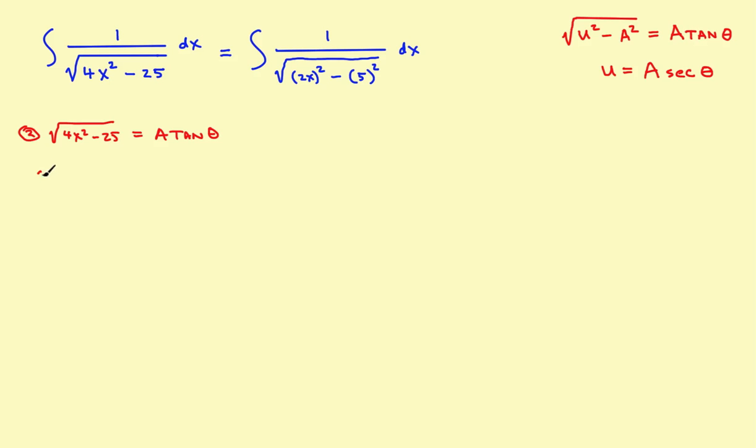Now again, we'll rewrite that as change the 4x squared into a 2x quantity squared minus 5 squared. Now, a reminder, this is what u is equal to, and this is what a is equal to. So in our problem, a is equal to 5, so this will become 5 times the tangent of theta, and now you've got your square root in terms of theta, so you got part of it done.